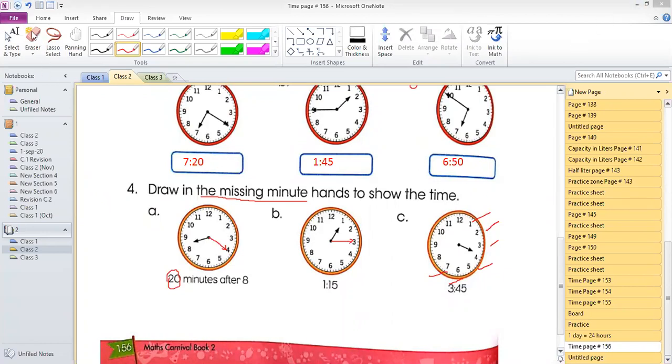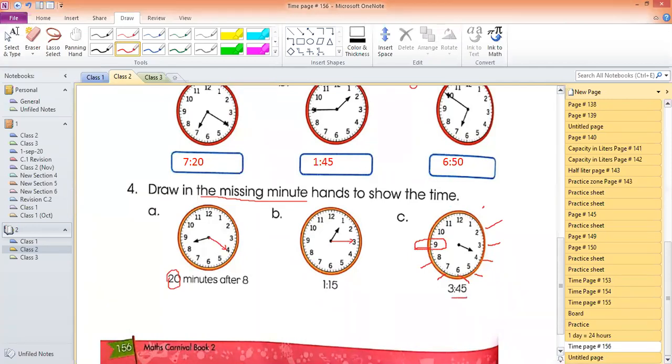Guys, it is very easy. 3:45 means 45 minutes after 3 o'clock. So check 5, 10, 15, 20, 25, 30. Up to 6 there are 30 minutes. 35, 40 and 45. So 9 is the number where, when you count in fives, there will be 45 minutes.